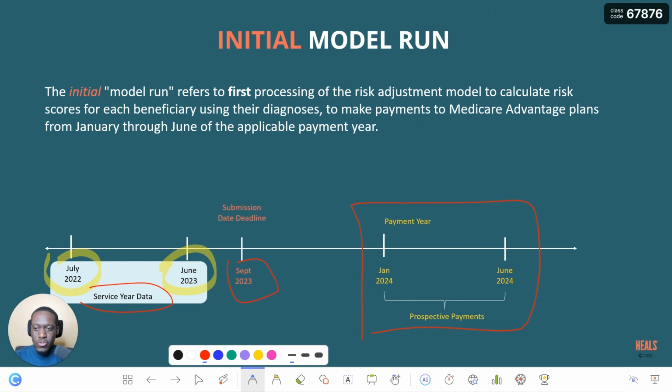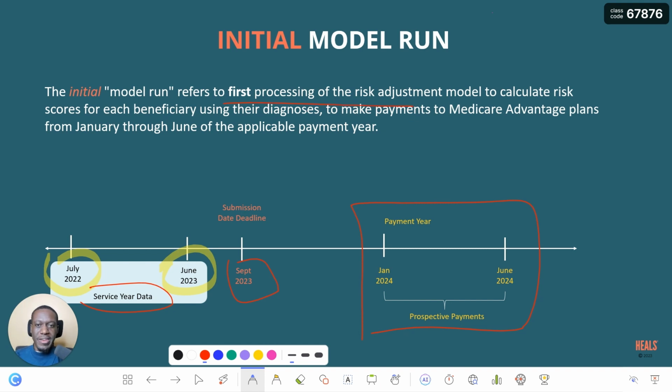And CMS uses this data set to execute the model run, and based on the risk scores and the HCCs that come out, CMS makes payments for January 2024 through June 2024 as part of the initial model run. Therefore, if you hear about initial model run, just think of it as the first processing of risk adjustment model.